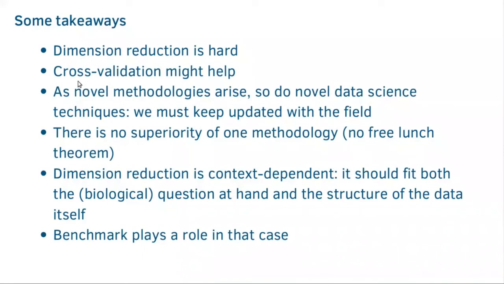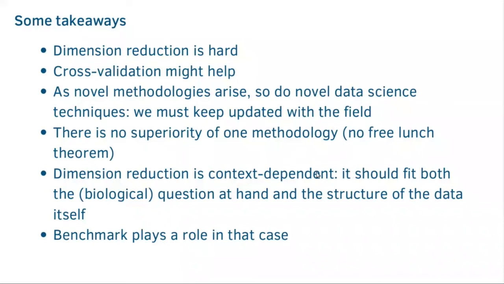So, takeaways from this section: dimension reduction is a complicated task. It's not very easy. If you're doing this for some sort of modeling or prediction, cross-validation might really help you here. Every day there's some new thing going on, especially regarding deep learning. There are a lot of advancements on that. So if you have very specific tasks, it's worth checking if somebody has done something in that sense.